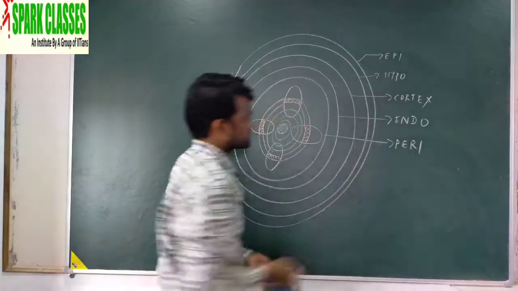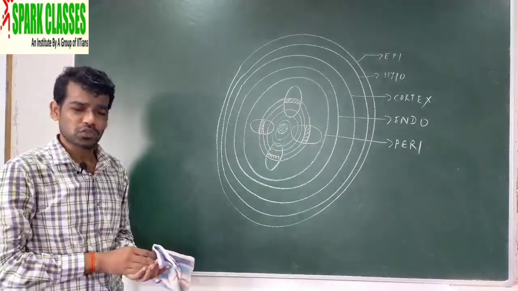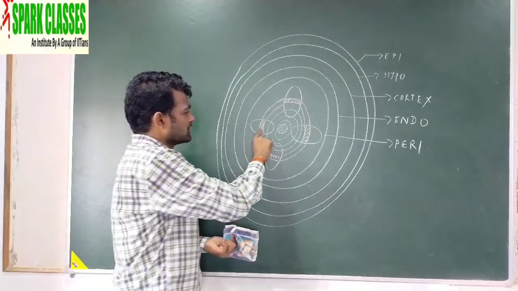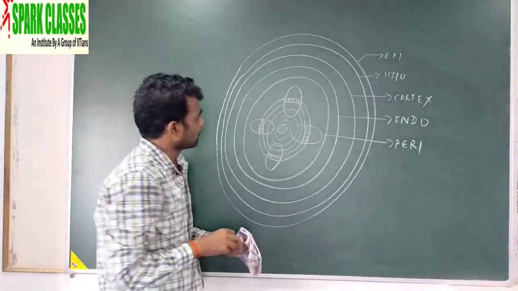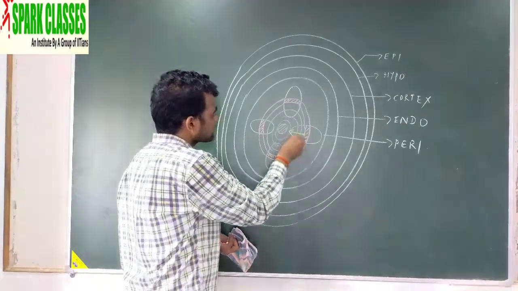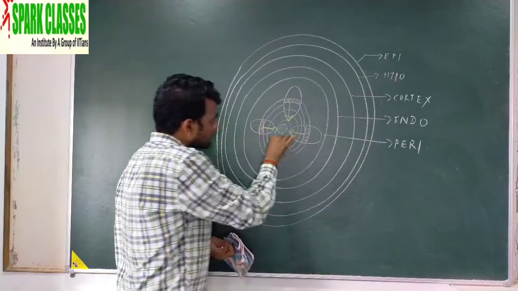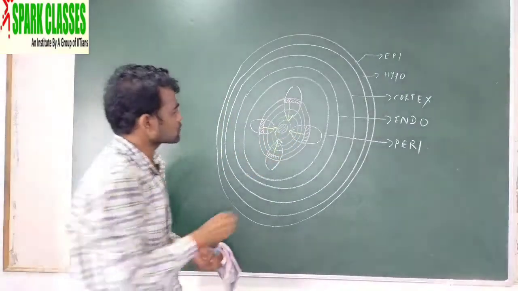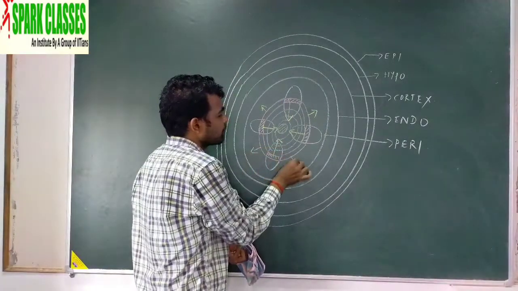But what happens when there is secondary growth? Already I had told you, this ring increases the amount of cells or tissue towards the inner side of the ring. Towards the inner side of the ring, secondary xylem is produced. Towards the outer side of the ring, what is produced? Secondary phloem is produced.